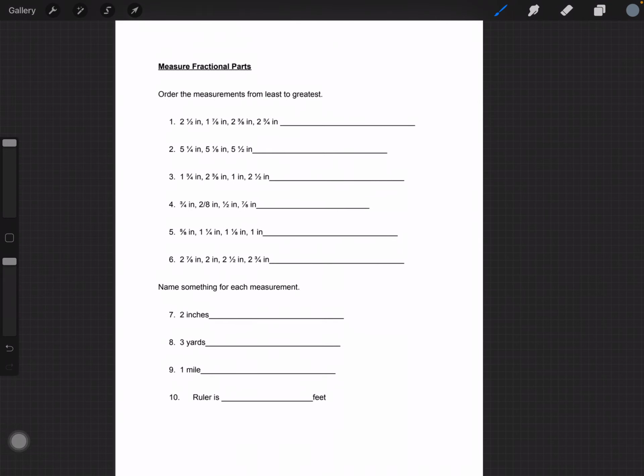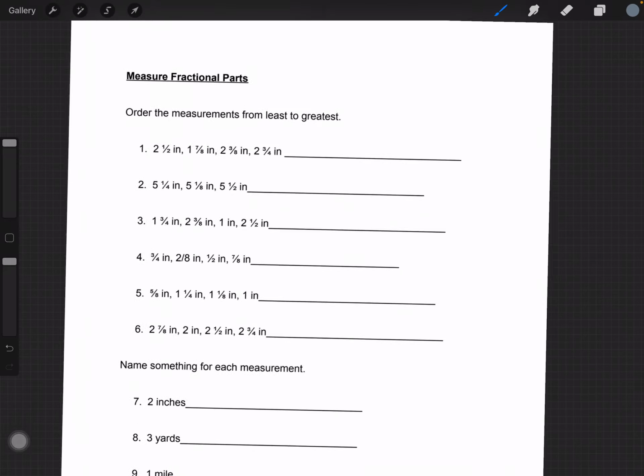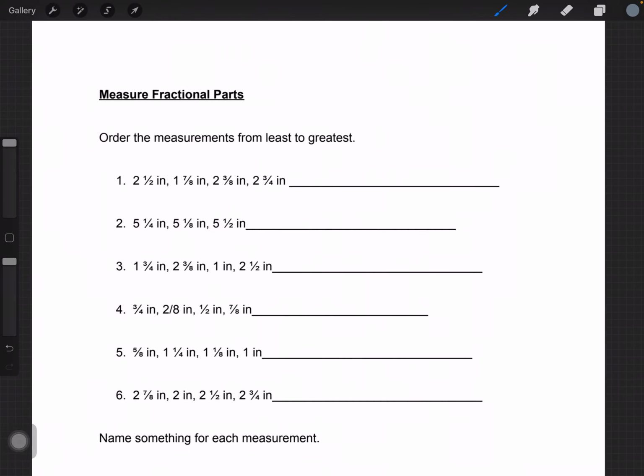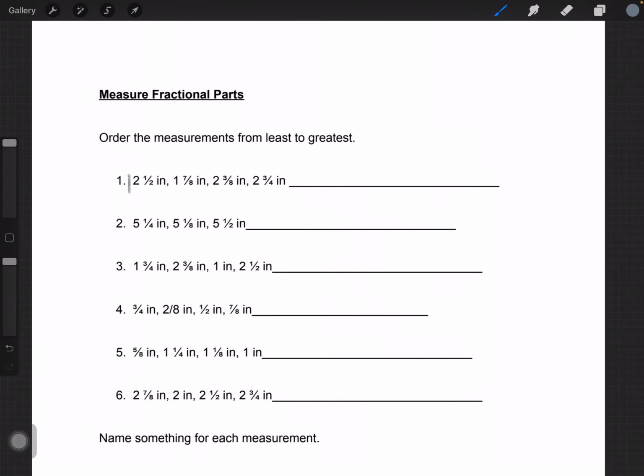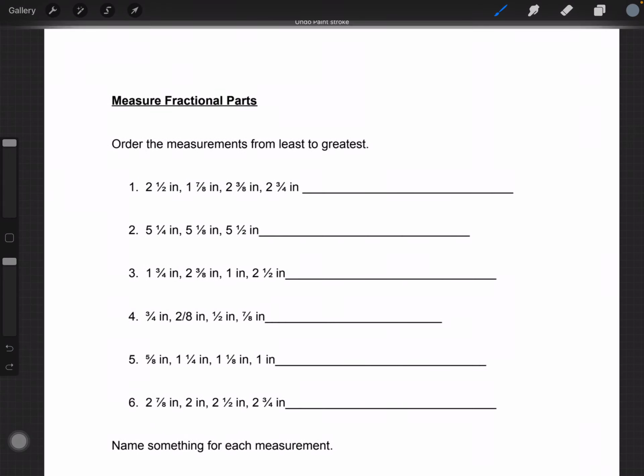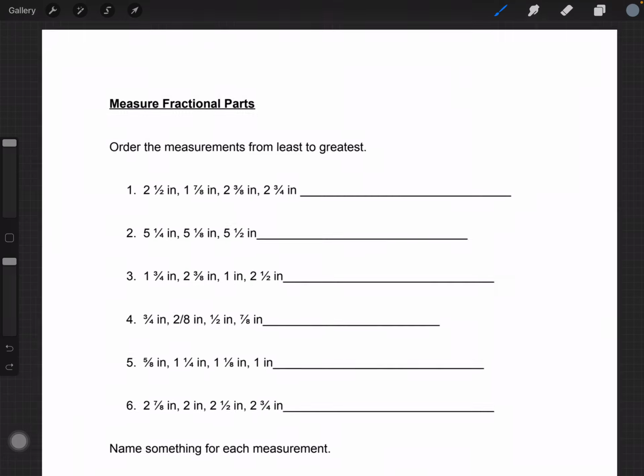The third worksheet says order the measurements from least to greatest. What you have to do here is go through the fractions and make their denominators all equivalent, and then add them along with their whole number, to see the least to greatest. Let's do number 1 together.